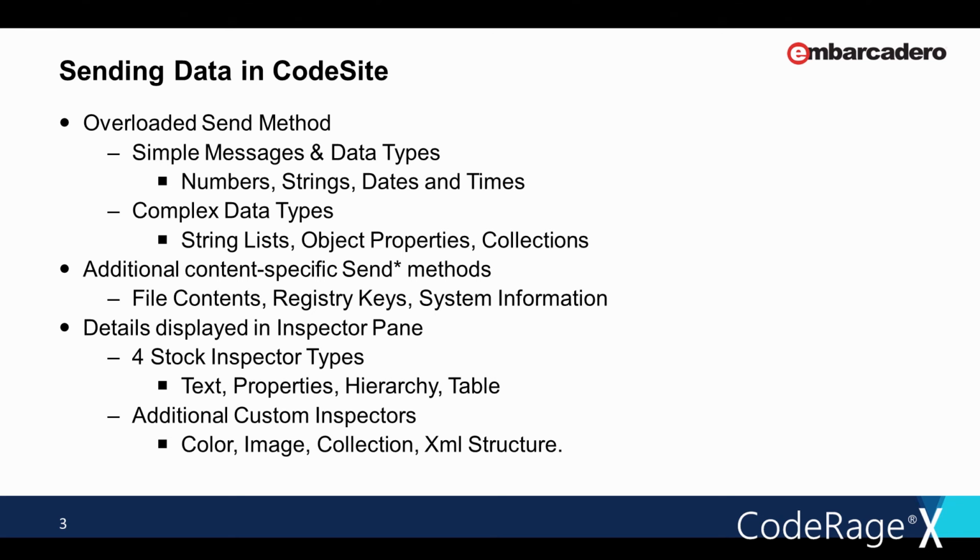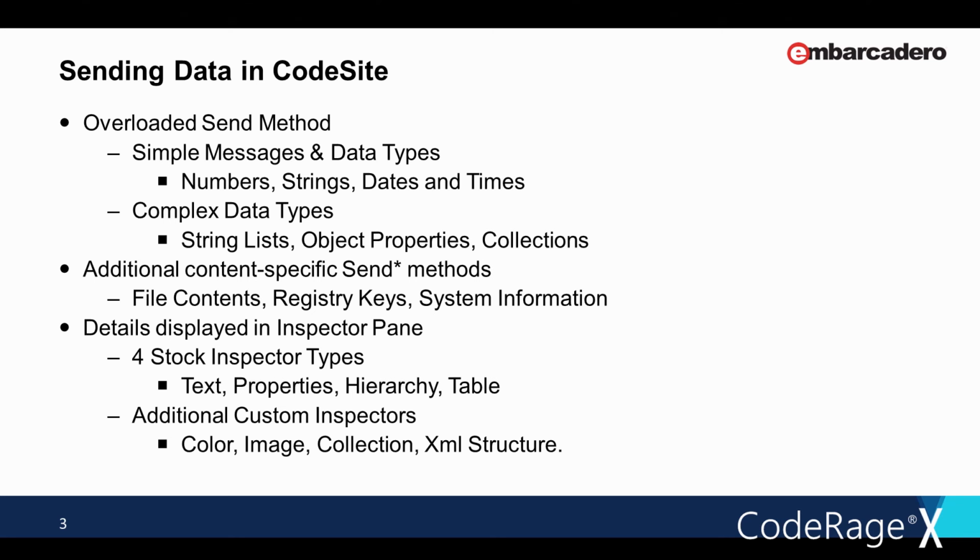If you were to send over TreeView data, specifically it's only used by the send controls and send components methods, they are hierarchical in nature, and so the hierarchy inspector type is used. The table is for displaying grid data, and so we can use any of those for our own custom formatting if necessary.